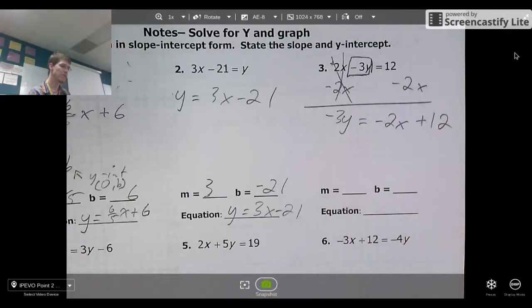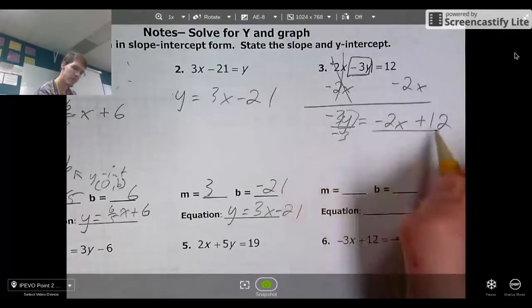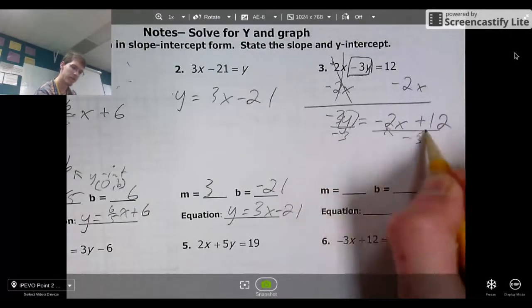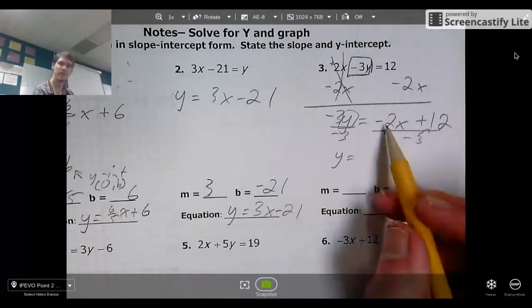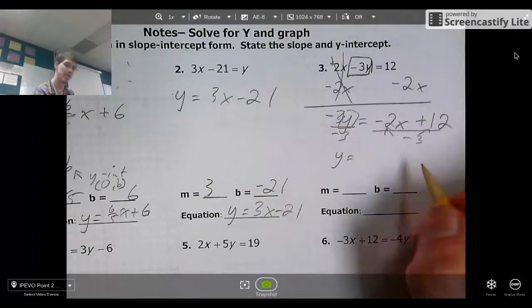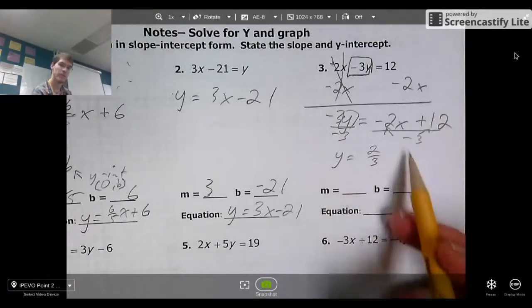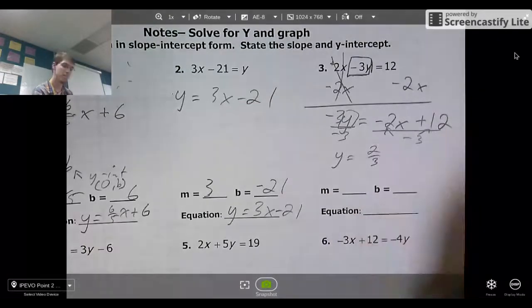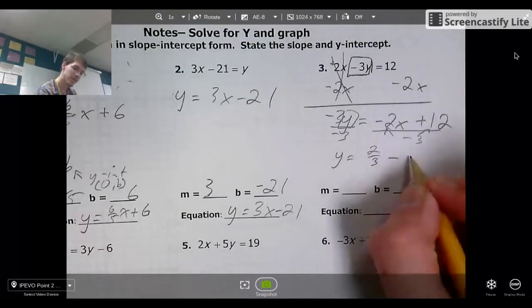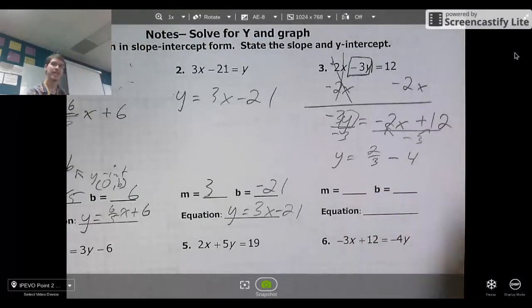Now it's just like number 1. We need to divide by negative 3 to get y by itself, but divide everything by negative 3. Negative 2 divided by negative 3 is a positive 2/3. The negatives cancel out in a sense. Plus 12 divided by negative 3: positive divided by negative is negative, so negative 4. Now, I left something off there.